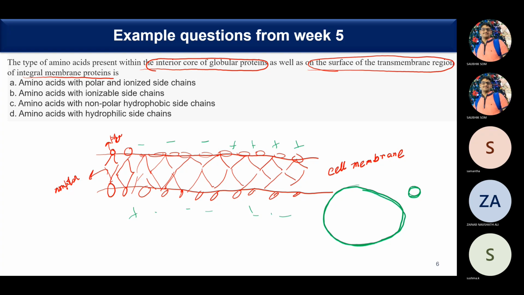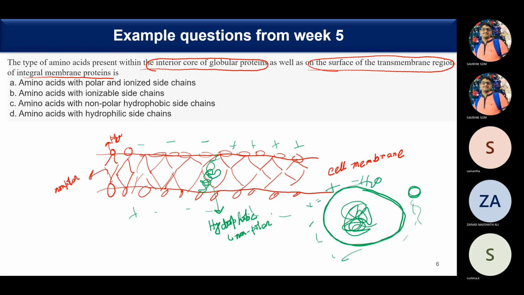So only the hydrophobic part will go inside, because this part doesn't like water, and to be hydrophobic it has to be non-polar. In a globular protein, outside there is mainly water, which is polar, made of H plus and OH minus ions. So inside the globular protein it has to be a hydrophobic environment.